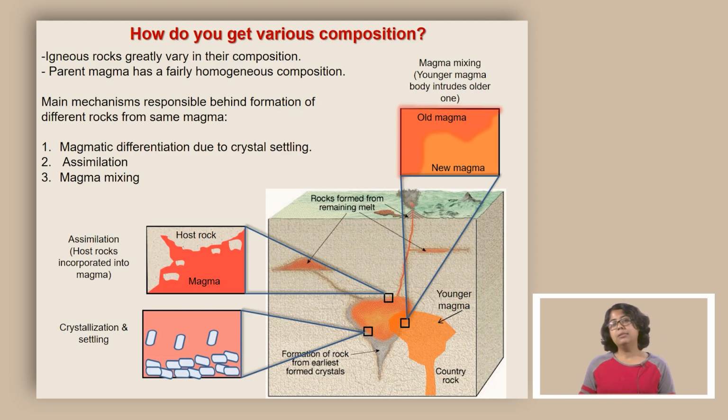The third type, which contributes again equally significantly, is magma mixing. There can be different types of magma in different parts of their cooling history, which can mix and develop a new magma composition.